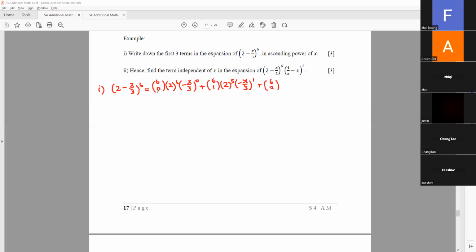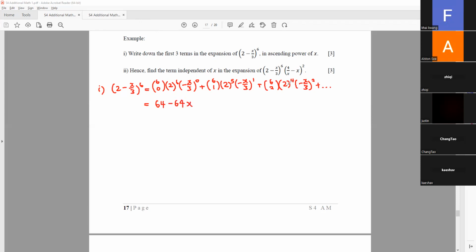So remember, every term will have three things: 1, 2, 3. 1, 2, 3. 2 to the power of 4, negative x over 3 squared. So now I have three terms already. So just need to simplify. 6, 0 is actually 1. This 2 to the power of 6 is 64. 6, 1 is 6. 6 times 2 to the power of 5 is also 64, but this is minus 64x.